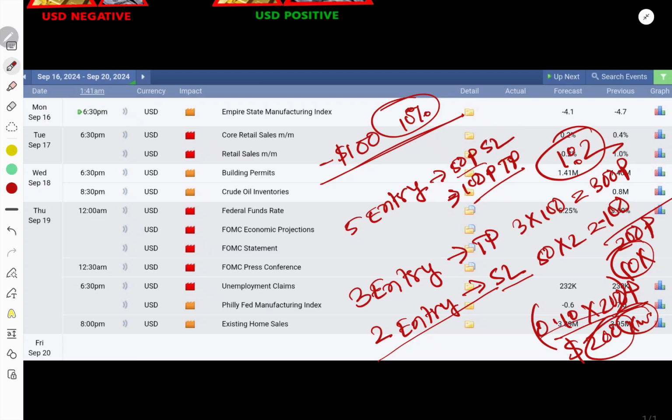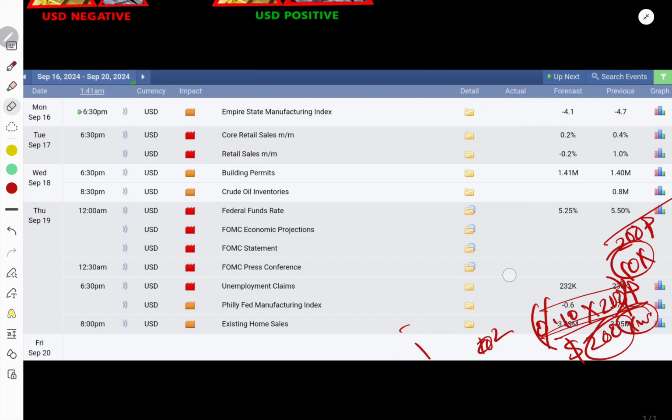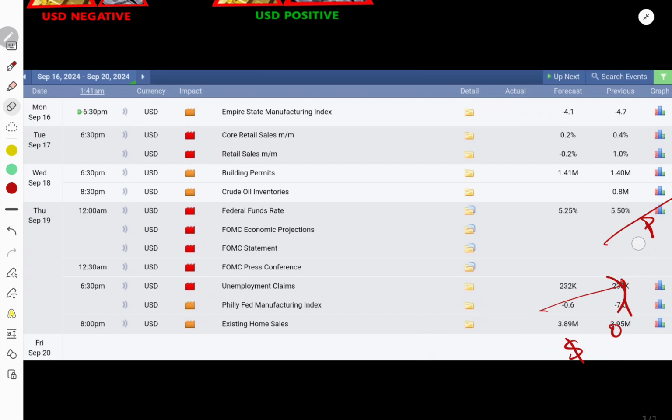You may ask me, Mr. Boom, this calculation is wrong. Okay, good, but gold's power is always 10 times. If you lose, you will lose 10 times more, or if you win, you will win 10 times more.